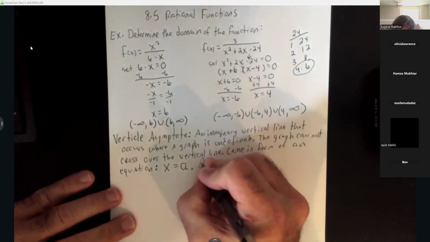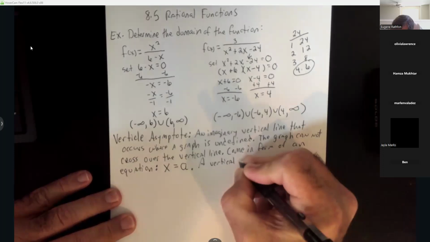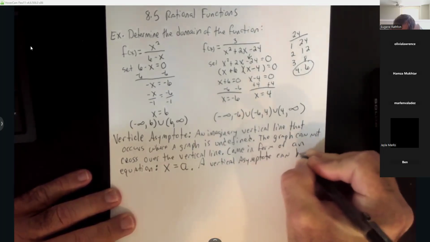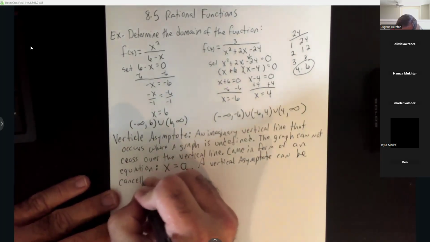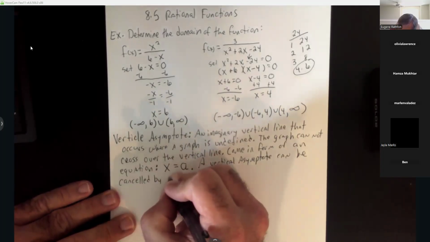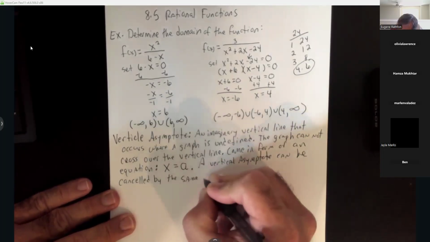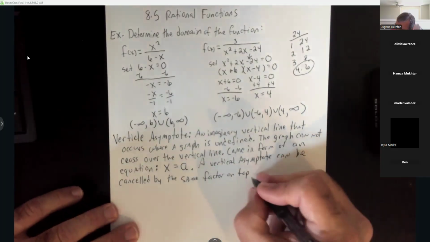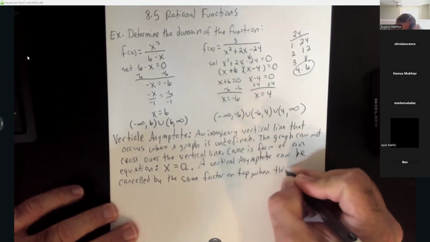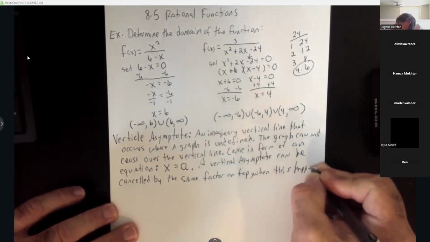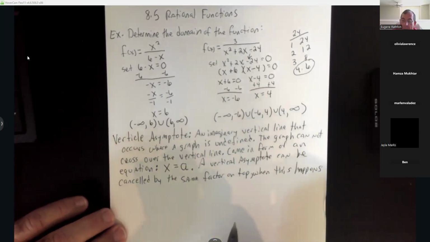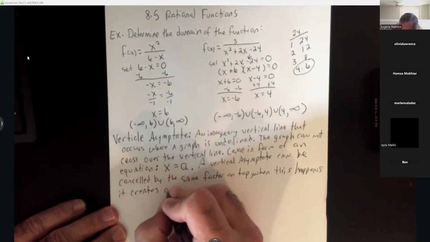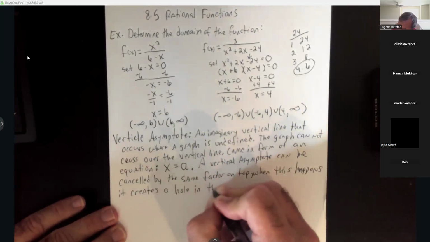So when the same factor on top cancels it, it creates a hole in the graph.